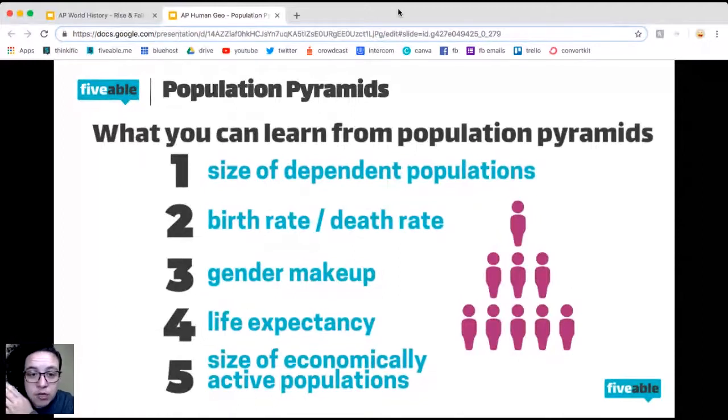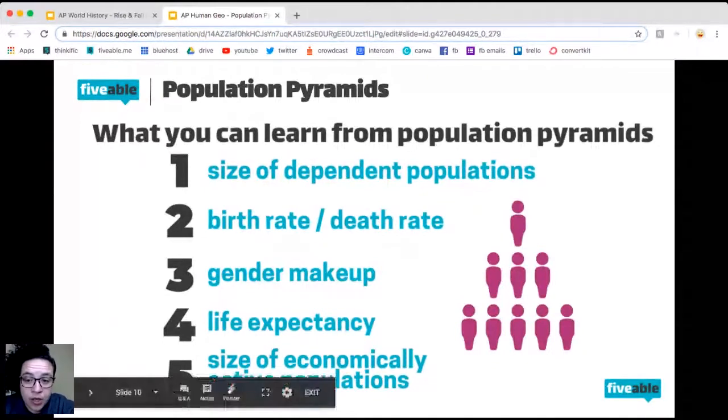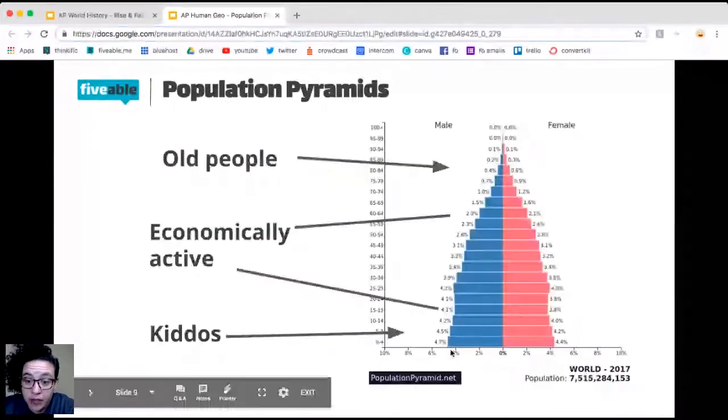Okay. So in terms of population pyramids, there's really 5 things that I've highlighted here, and probably other things too that you can learn from population pyramids. One of those things is the size of dependent populations. That's what's called a dependency ratio. If this section here, the people in the middle, the people that are working, is bigger than the older people and the younger people, that's good, right?